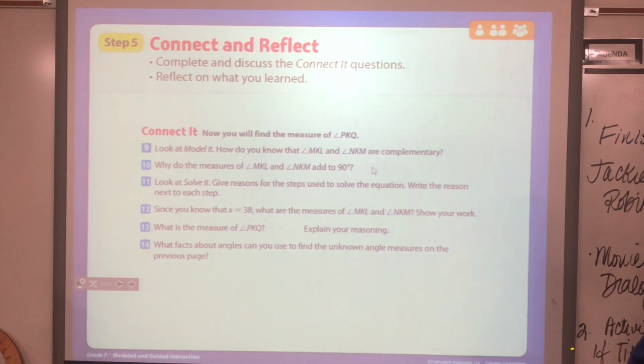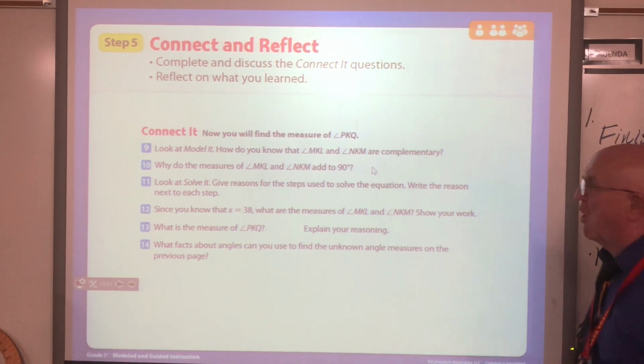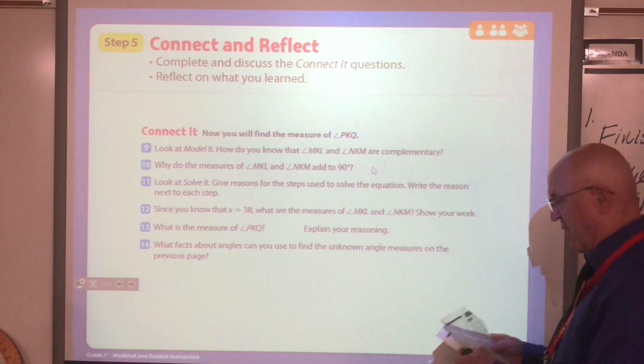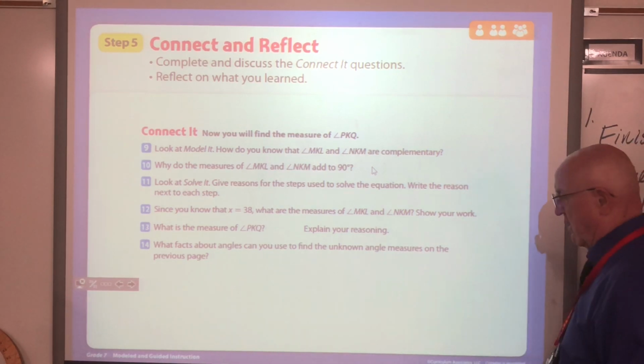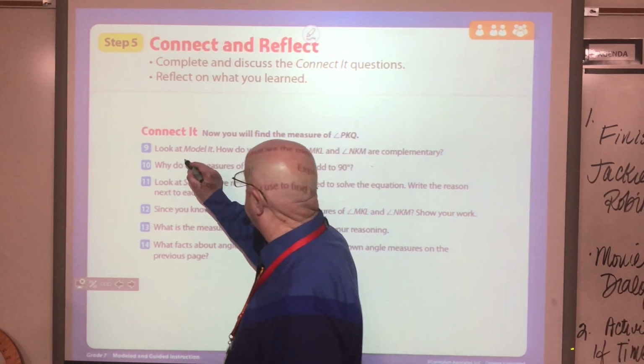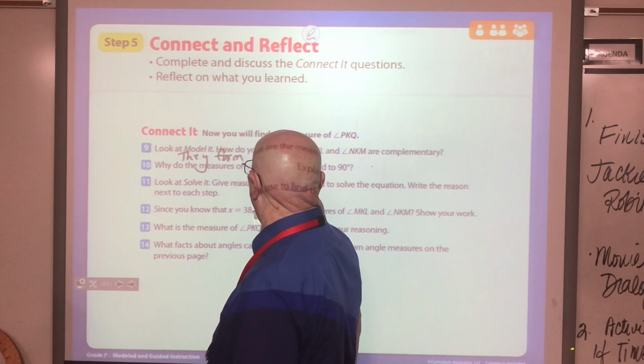Now we're going to look at the Model It section. How do we know that MKL and NKM are complementary? Well, the answer is simply that they form a right angle. So in this part here, you're going to put they form a right angle.